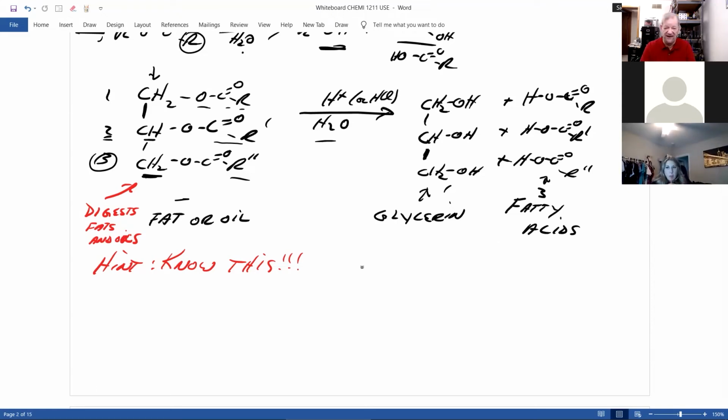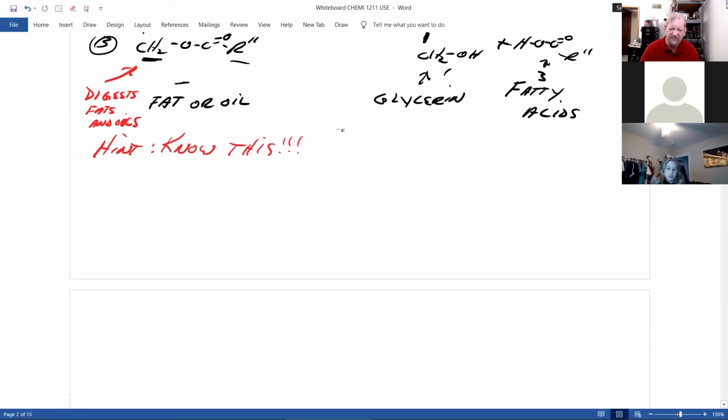I'll say that again, 2 to 3 million pounds a week of fat to make glycerin and fatty acids. And I'll talk more about it. Now, this is a reaction of fats or oils with acid and water, acid hydrolysis of fat or oil.